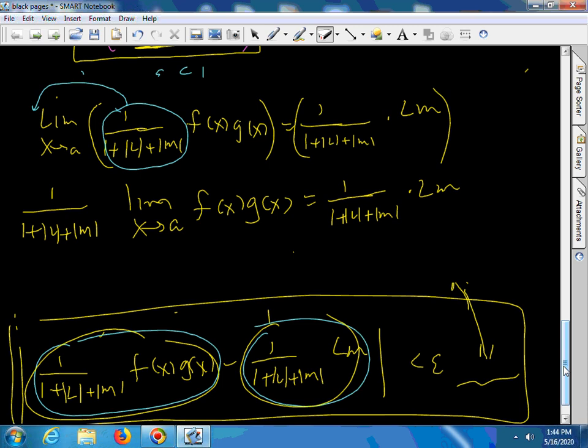Well, just cancel that. So you get the limit as x goes to a.